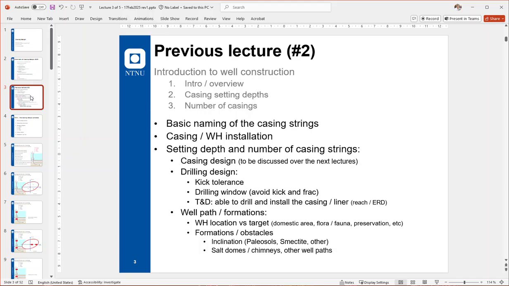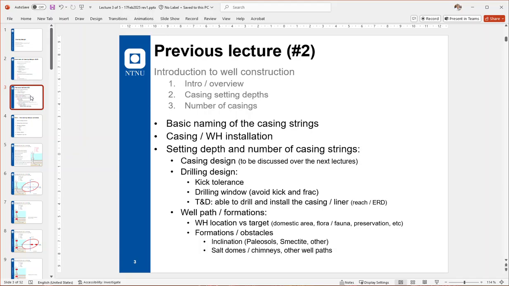Now the subtopics, casing design, the strength of the tubulars themselves and the acting forces, those topics will be discussed over the next lectures. So that will determine the setting depths and number of casing strings, if you like.